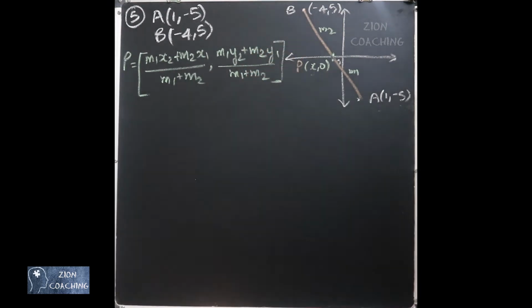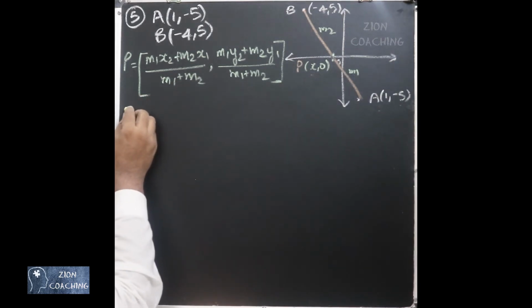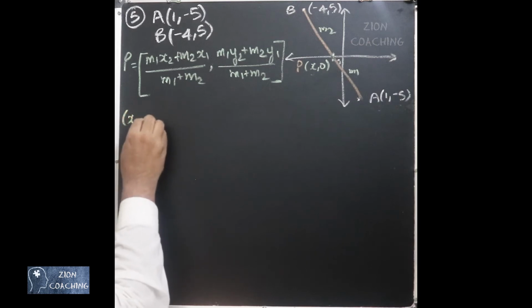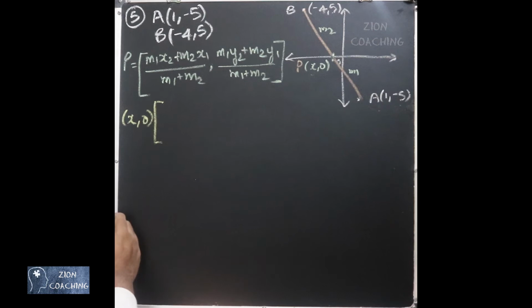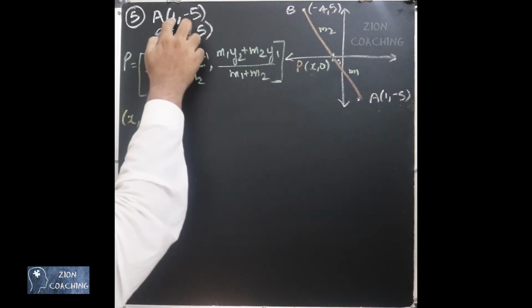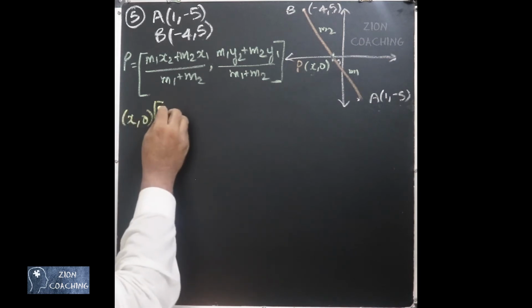This is the section formula. Now we are going to just put in the values we know. Your point P is x comma 0. We don't know m1 and m2, that is what we have to find, but we know x1, y1, x2, y2. So we are going to substitute the values.